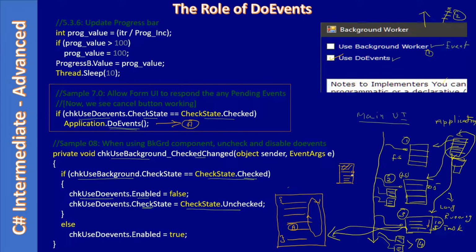So in that case it will be queued, right? And what happens when we ask for the DoEvents, this code will hang. This code in the sense the long running task.